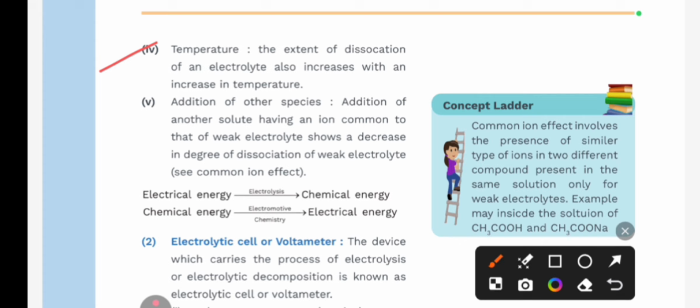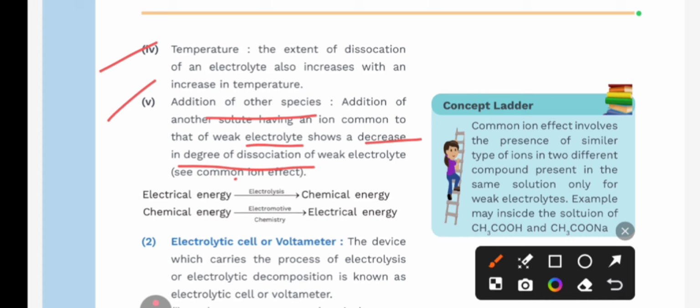If you increase the temperature, the ions will separate out, there is no hindrance in the movement of the ions, and definitely the conductance will increase. Then, addition of other species: if you add other species having an ion common to that of the weak electrolyte, it shows a decrease in the degree of dissociation. It means if you add a common ion into the solution, the degree of dissociation will decrease.